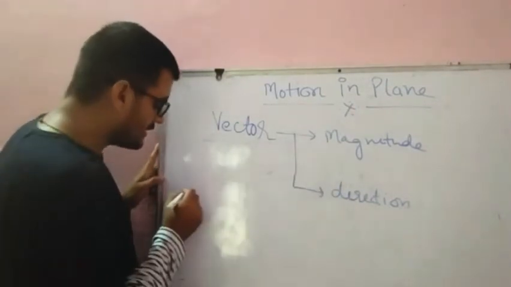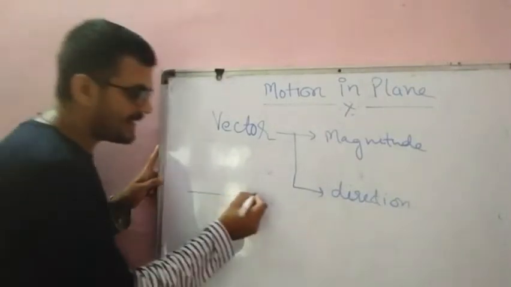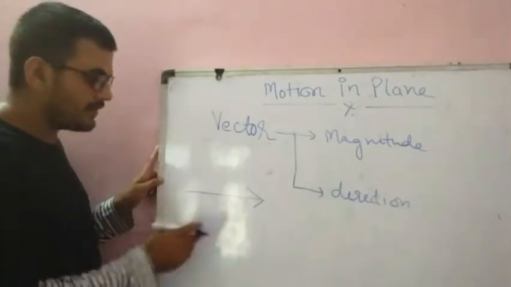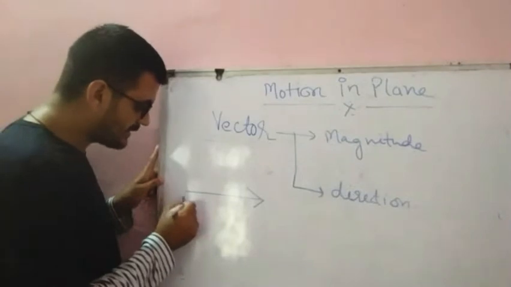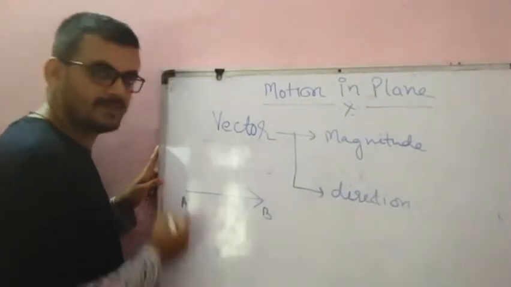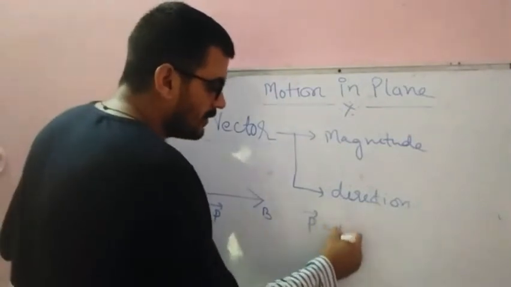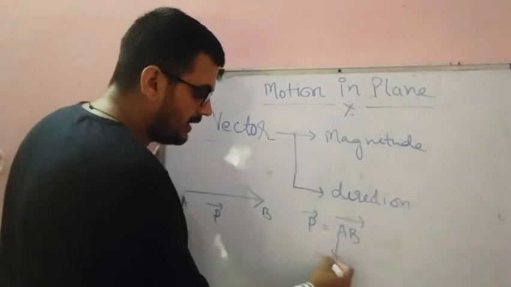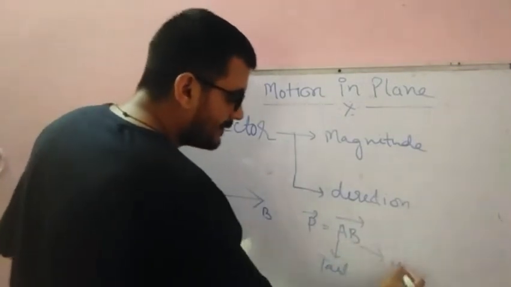So magnitude is represented by the line, and direction is represented by the arrow, or you can say the length of this vector. Suppose this is vector AB, or you can say this is vector P. Vector P equals AB, where A is the tail and B is the head.